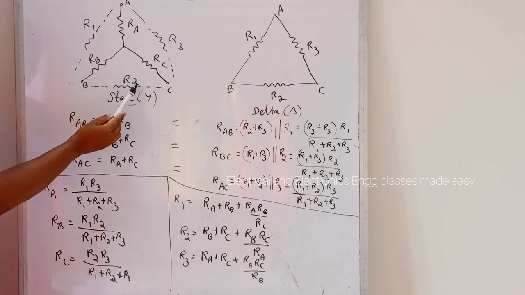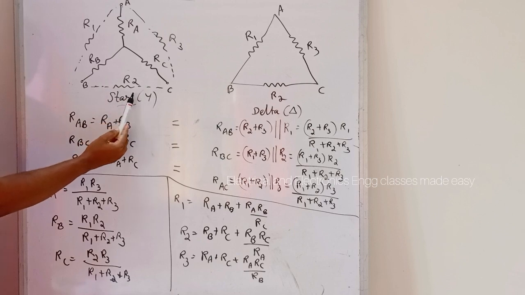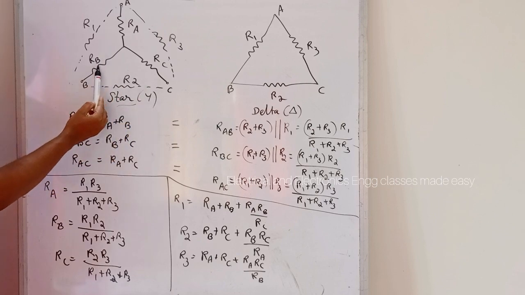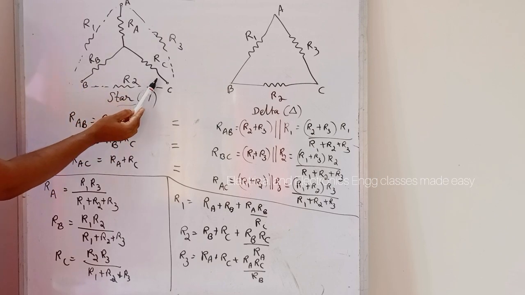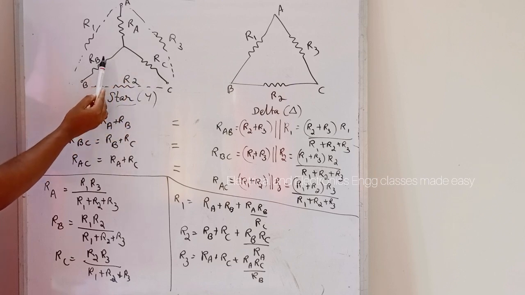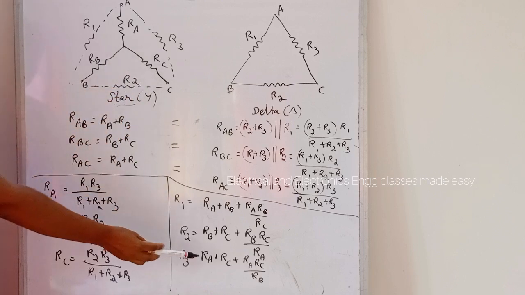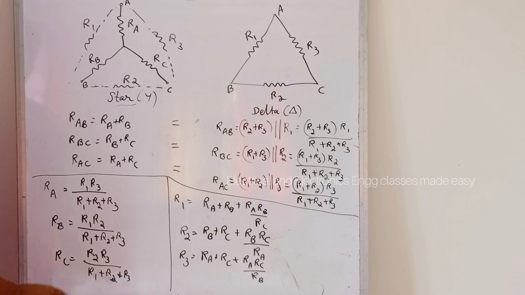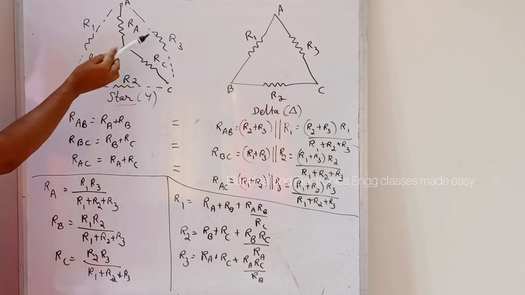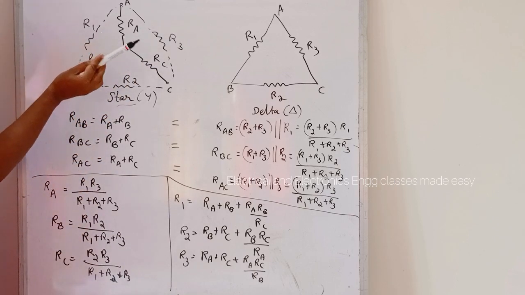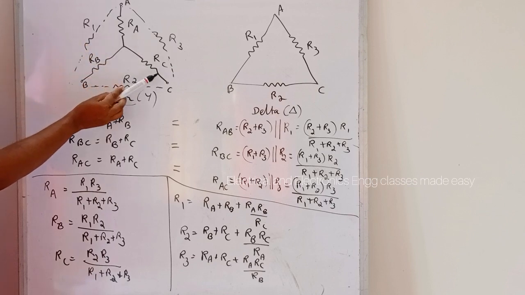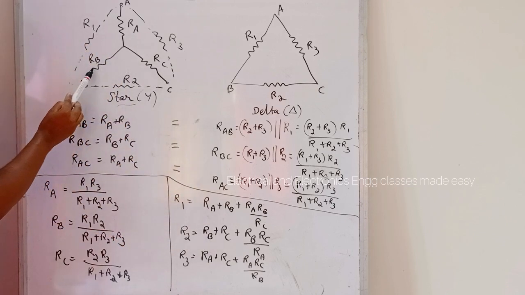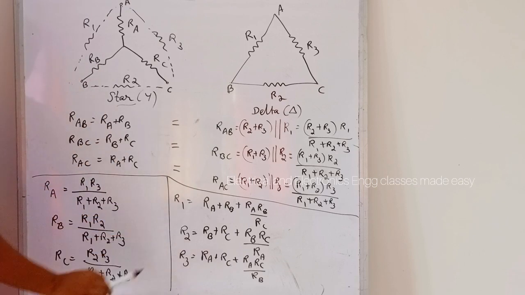Similarly, R2 is equal to RB plus RC plus RB into RC divided by RA. Then R3 is equal to RA plus RC plus RA into RC divided by the other resistance RB.